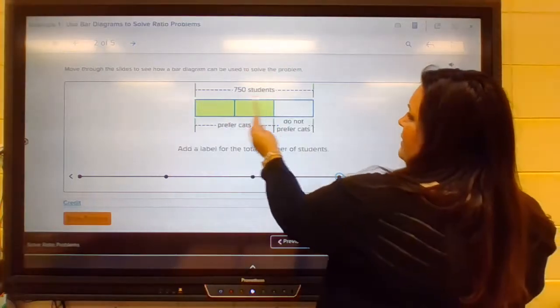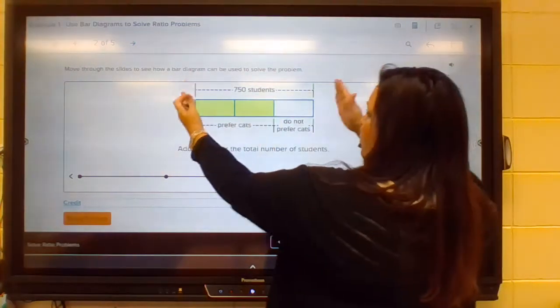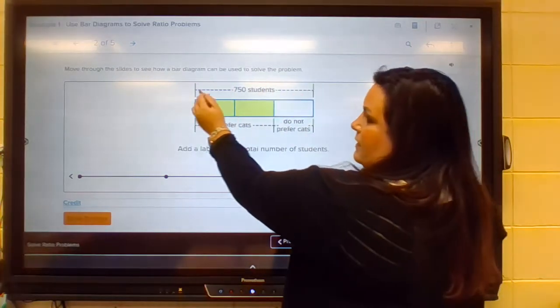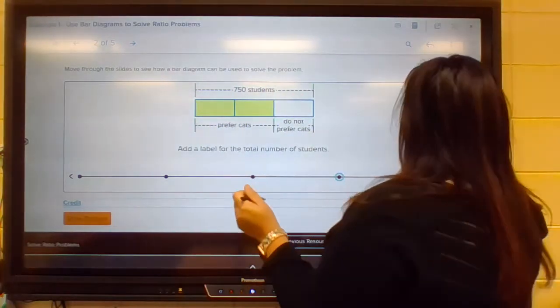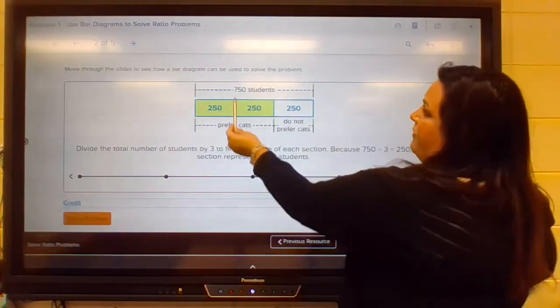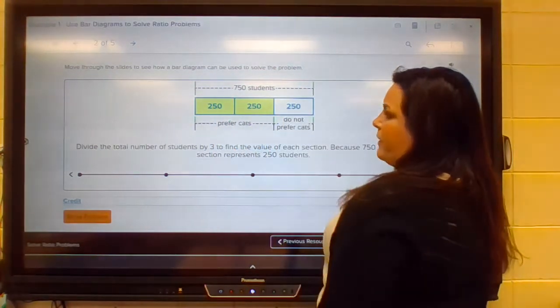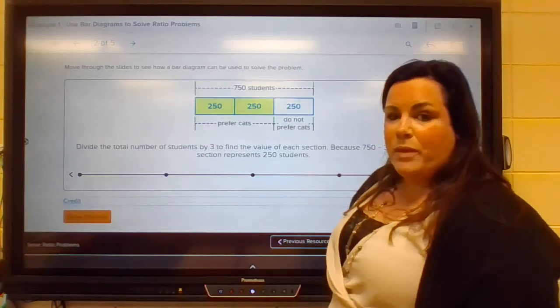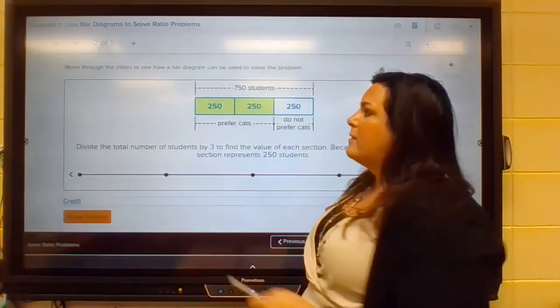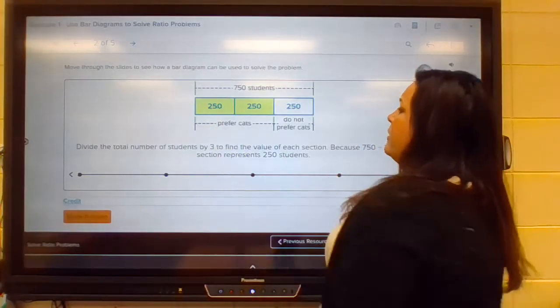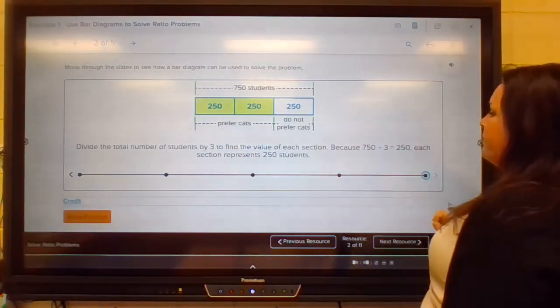Then we're going to take that 750, the total amount of students, which extends across the entire bar. Then we divide 750 by 3 sections. So each section would be worth 250 because 750 divided by 3 equals 250.